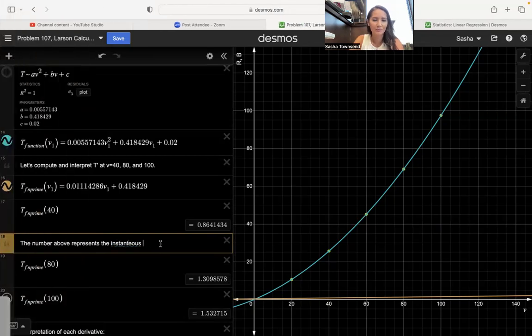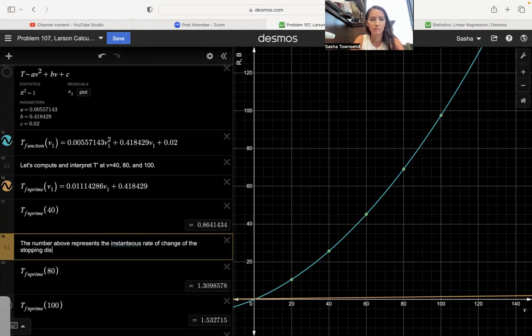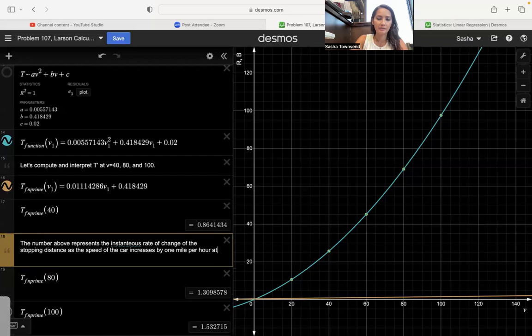Instantaneous rate of change of T, which is the stopping distance, as the speed of the car increases by 1 mile per hour when, let's say when v equals 40 miles per hour. Let's just say our speed is 40 miles per hour.